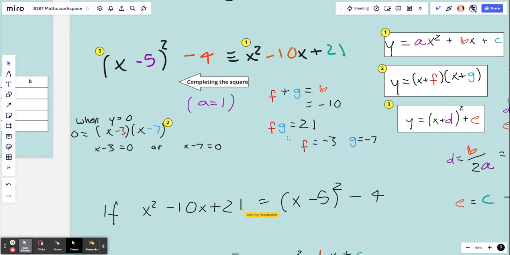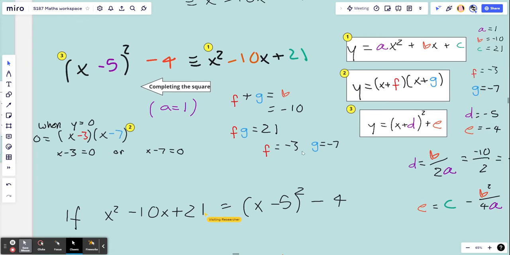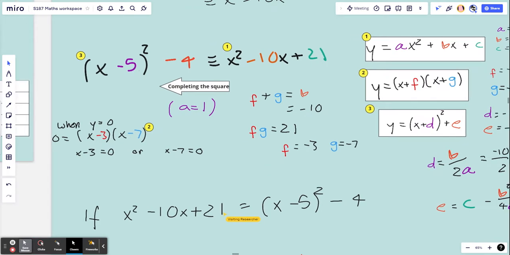So what two numbers add to give negative 10 and times to give 21? The two numbers are negative 3 and negative 7. When you add them they give minus 10, and when you times them, they give 21.